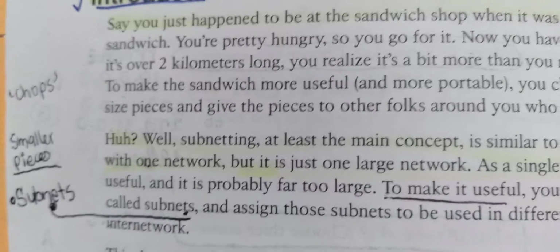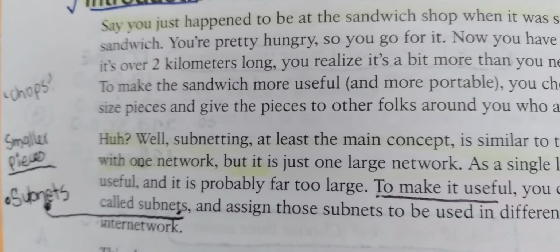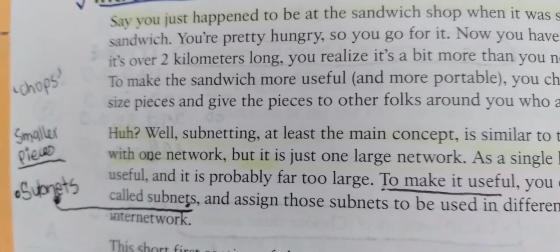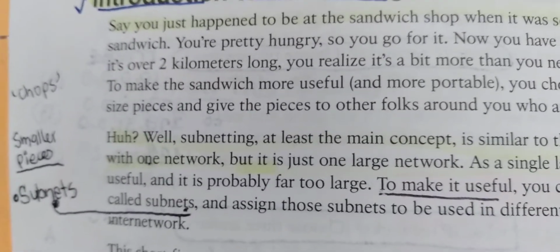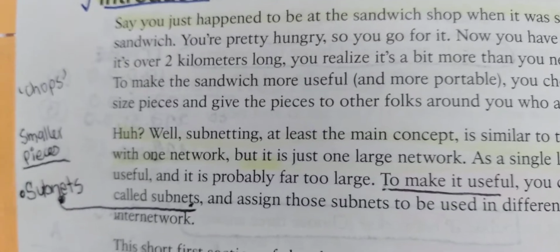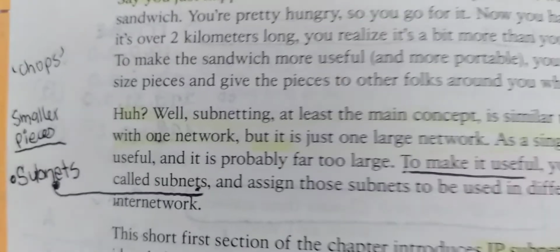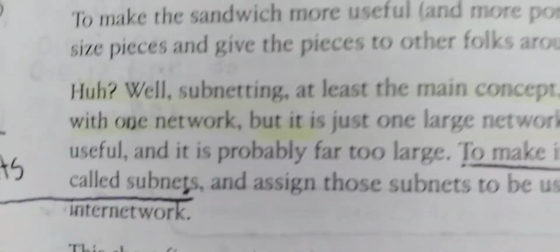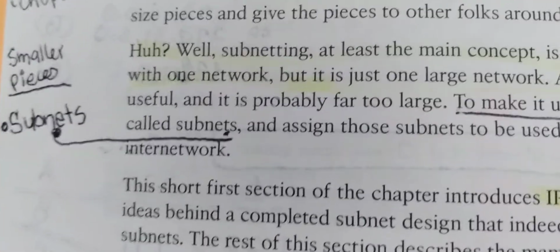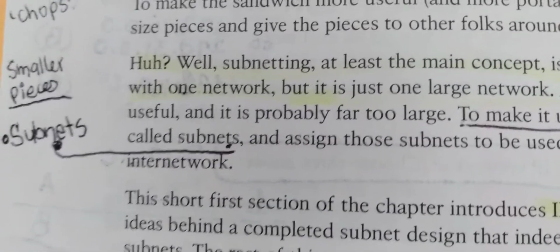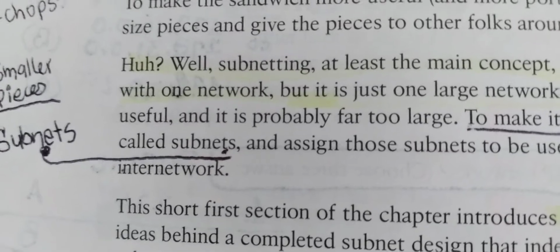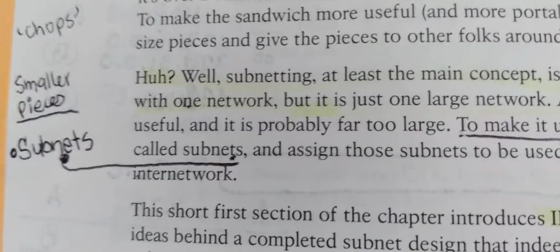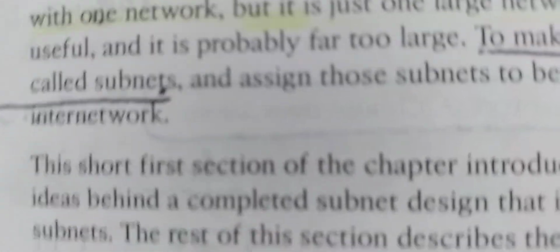So to make it useful, you chop it into smaller pieces called subnets and assign those subnets to be used in different parts of the enterprise internetwork. And with internetwork, we do use those words interchangeably with subdivided network, subset, subnet. Those words are really all the same.